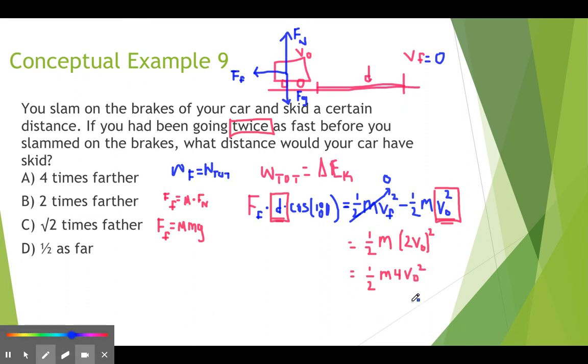So if you're moving twice as fast initially, the change in your kinetic energy is going to increase by a factor of 4. If the change in your kinetic energy increases by a factor of 4, that means that this displacement or skid distance is going to increase by a factor of 4 as well.